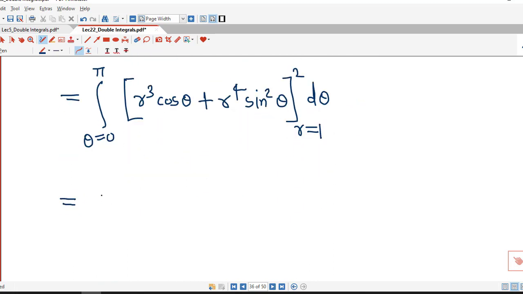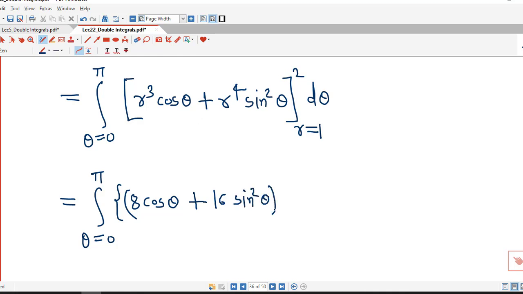So first we put the limits of r. Upper limit is r equal to 2. So we have 2 cubed, which is 8 cos theta, plus 16 sin squared theta. This is for r equal to 2, minus r equal to 1, so cos theta plus sin squared theta.